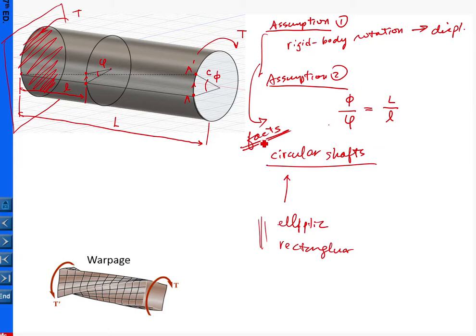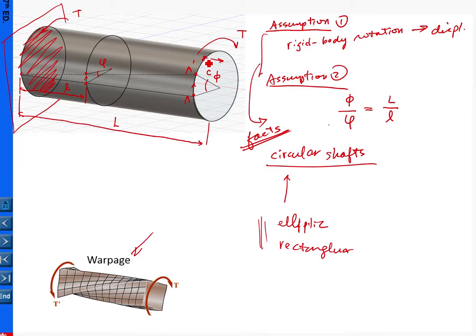Because of the two facts, that will allow us to prevent a little bit bothersome or complicated phenomena called warpage. Warpage basically indicates displacement of any material point in the axial direction.